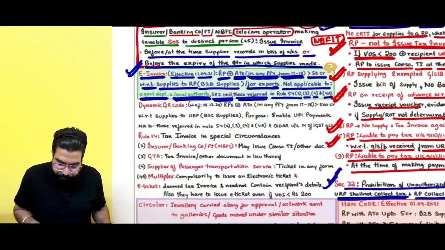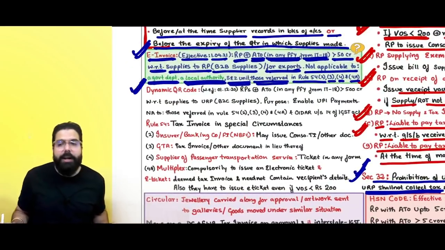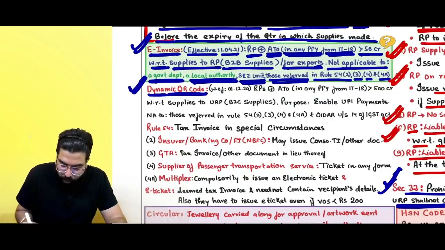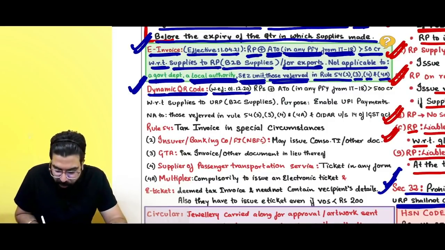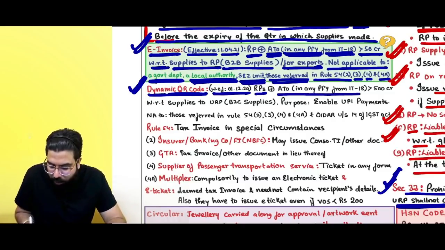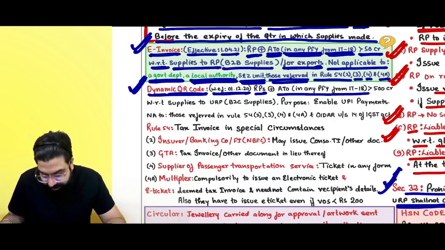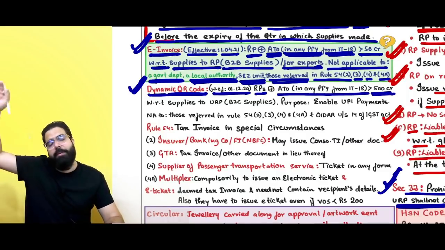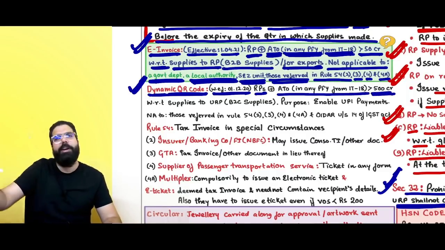Let's go ahead. Then there's something called a dynamic QR code. Everyone listen to me very carefully. Dynamic QR code, with effect from 1st December 2020: a registered person whose aggregate turnover in any preceding financial year from 17-18 exceeds 500 crore. Remember 17-18, 18-19, 19-20, 20-21.